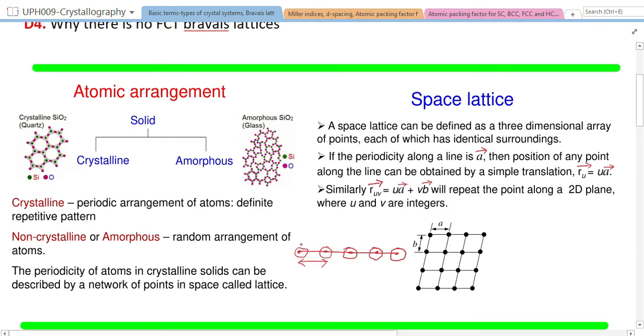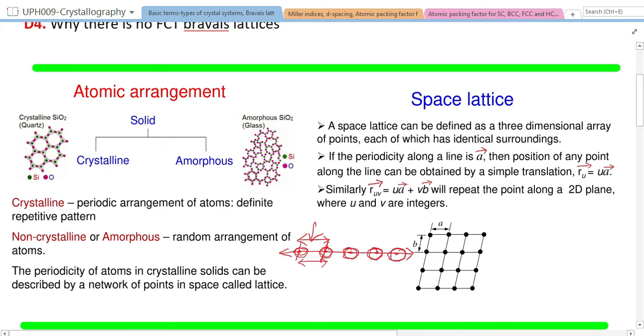What is the unit? The unit is this much. You are basically repeating this distance to generate the next point, and so forth. So this would be your unit cell, right? When you put atoms at these points, you form a one-dimensional crystal like this, infinite along this direction or along this direction, in both directions.